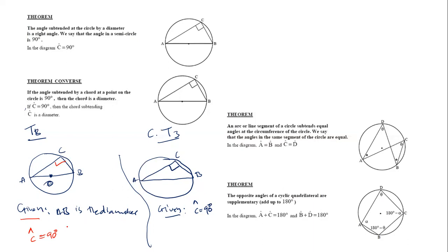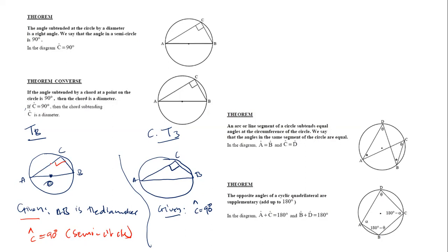Why? Because according to the theorem, the angle that a diameter subtends is 90 degrees. You can use the reason that it's a semicircle. We say C is 90 because C is in a semicircle.